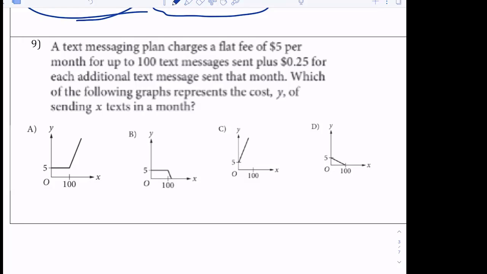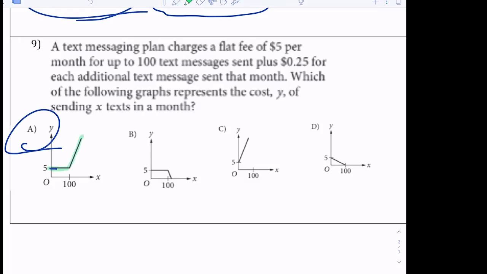Sean, what's the answer? Right. Because why? Because it increases every extra segment. Exactly right. It's $5 until you reach 100, and then they start charging you per text message.